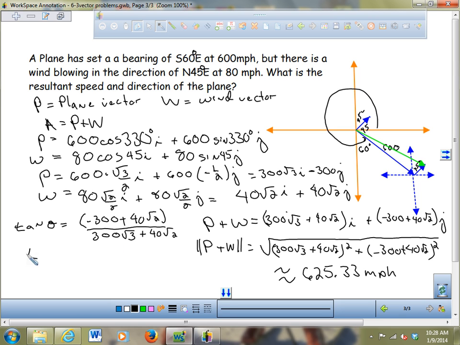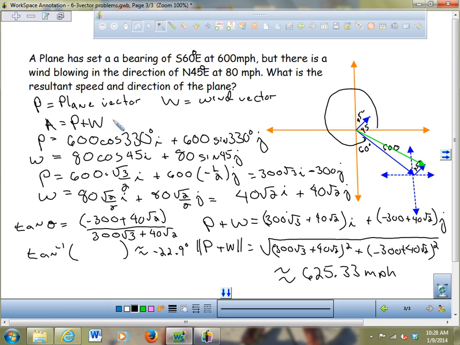And then if I take the inverse tangent of that mess there, which I'm not going to write again, you get about negative 22.9 degrees.